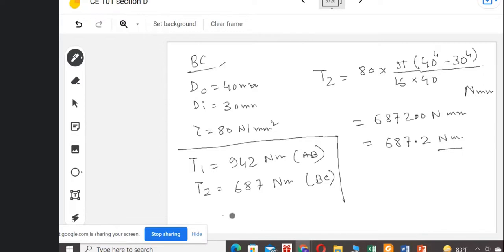So final T will be the minimum of T1 and T2, because that is the design parameter we have to use, which is 687 Newton meter. So for the next part of the calculation, we will use this T as 687 Newton meter. That is the strength of the section.